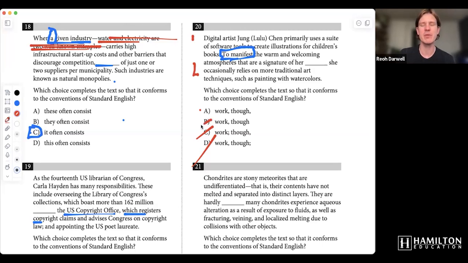If we selected B, it would suggest that the pivot is here, saying that this part, the "she" to "watercolors," refutes the manifesting the warm and welcoming part, which doesn't make any sense, right? So that's how we arrive at our correct answer of A for 20. Good punctuation question. That's a little bit tricky.